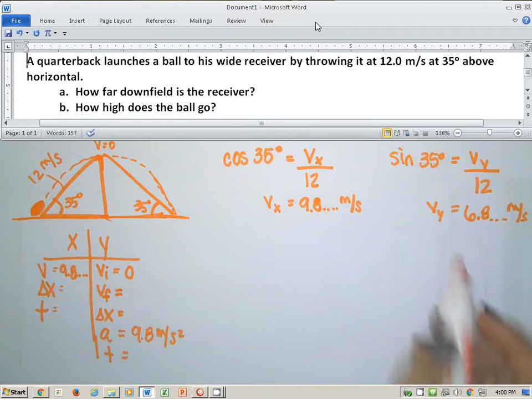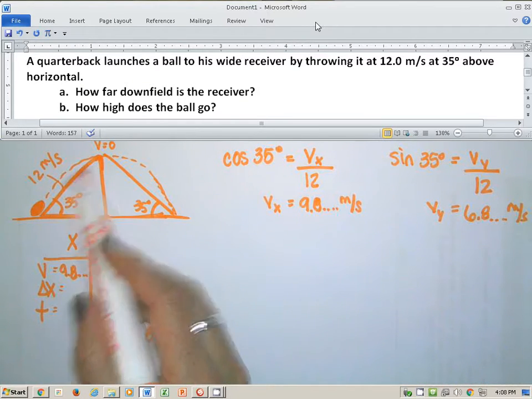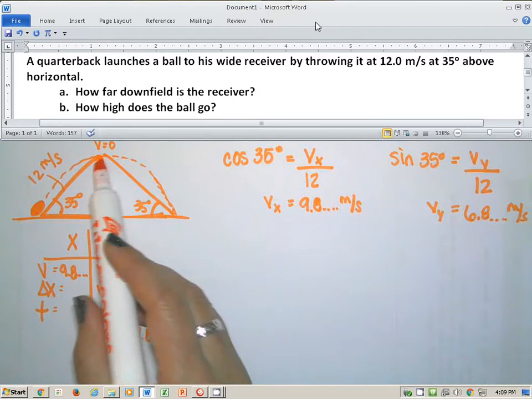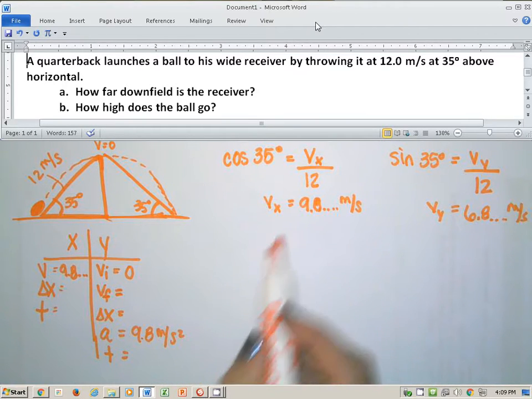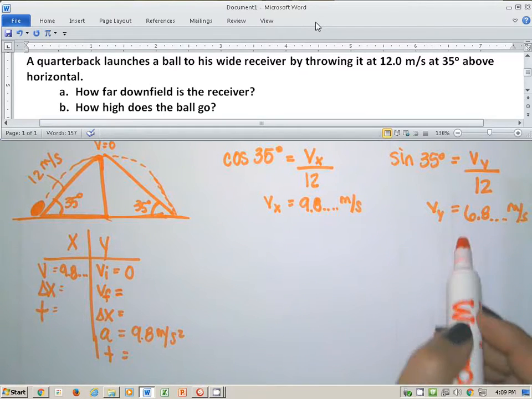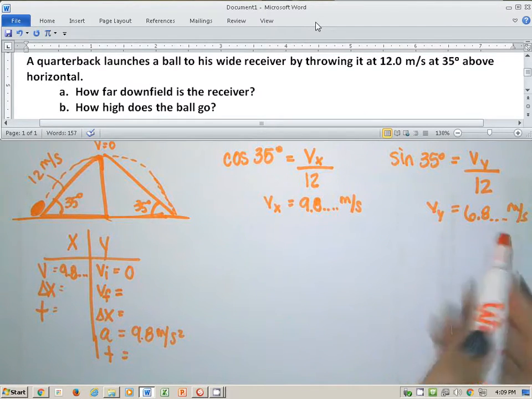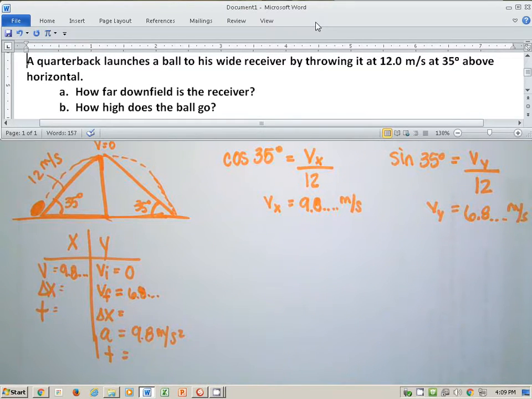So that means this is going to be its impact velocity. This is the velocity that it comes off of the ground with, and this is the velocity that it's going to hit the ground with vertically. So it's traveling 9.8 to the right at the same time that it's traveling 6.8 up or down in the end. So I'm going to put that in here as my vertical velocity.